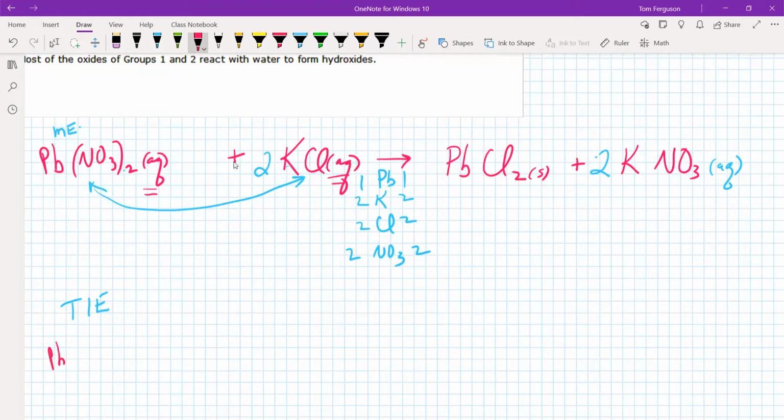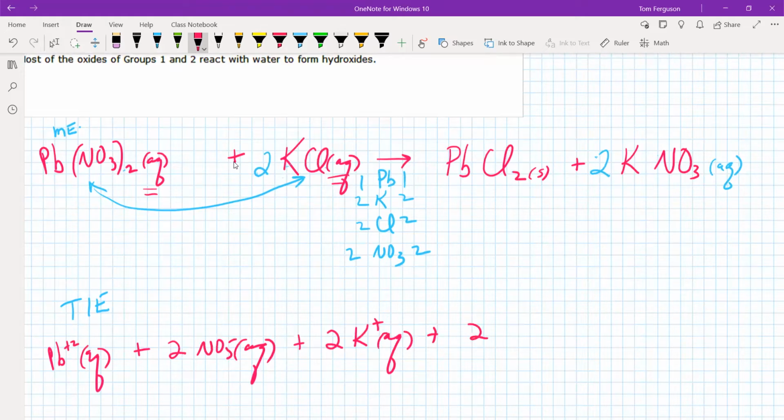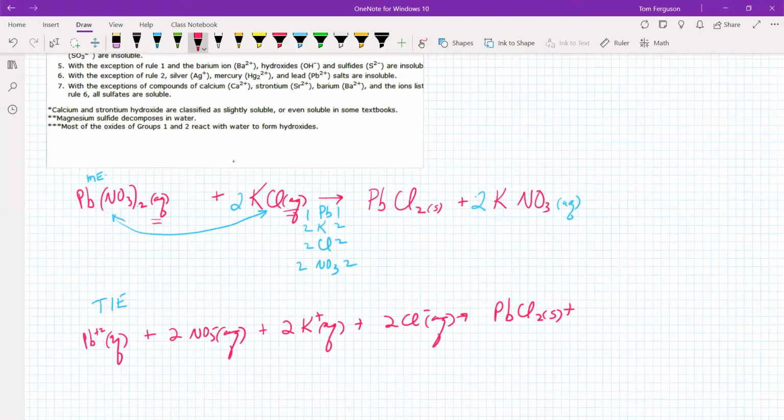So now we have lead aqueous plus 2 nitrates plus 2 potassiums plus 2 chlorides, yielding lead chloride solid plus 2 potassiums and 2 nitrates. So that's the total ionic equation.